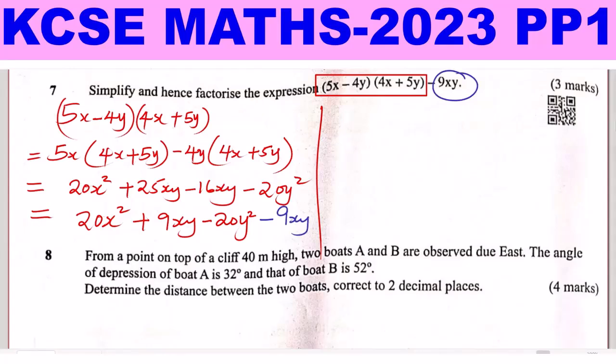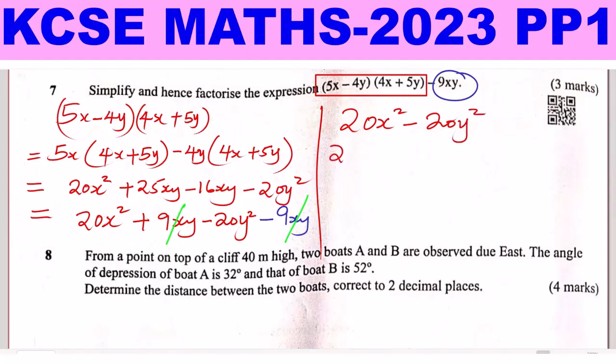When you do that, there's something that you notice. We have 9xy, subtract 9xy, that will be eliminated to be 0. You're going to remain with 20x squared minus 20y squared.